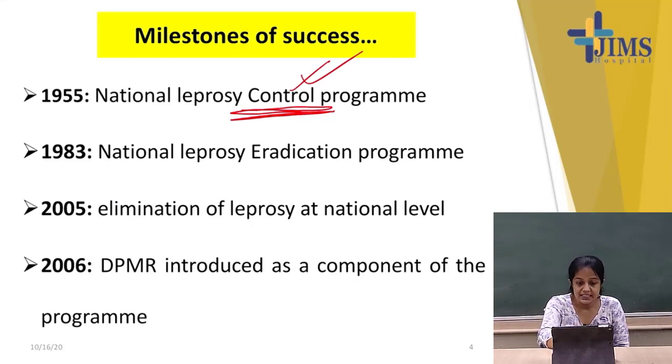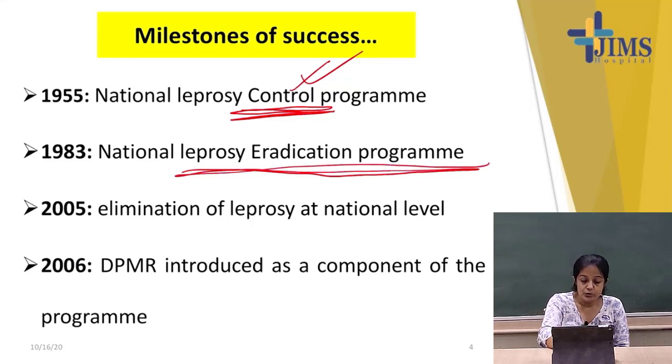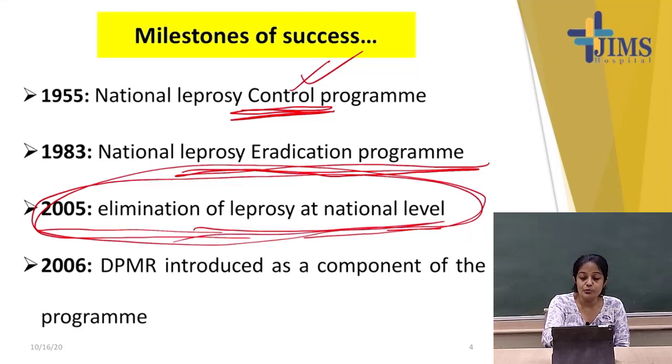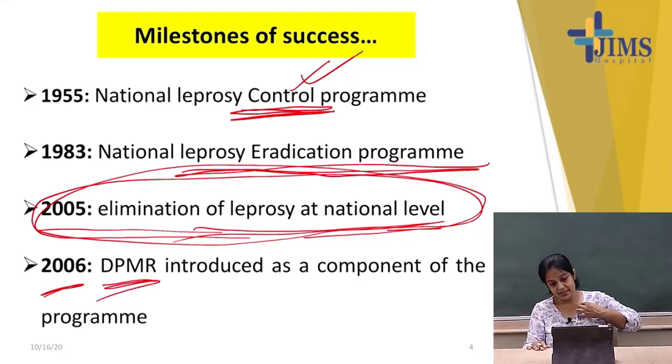In 1983, the National Leprosy Eradication Program started. In 2005 came the milestone of leprosy elimination, when leprosy was declared eliminated at the national level. And in 2006, DPMR: once we are eliminated and progressing, we have to scale up the measures and the system so that we go beyond.